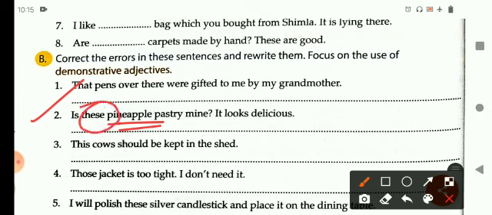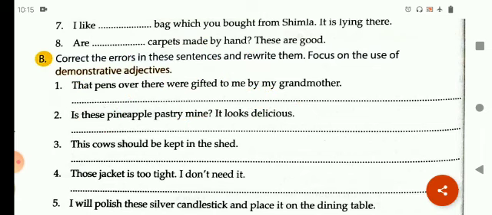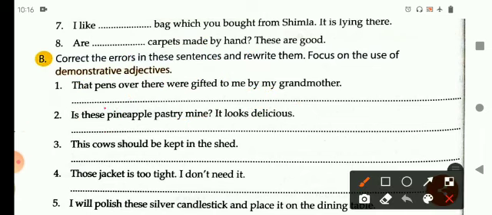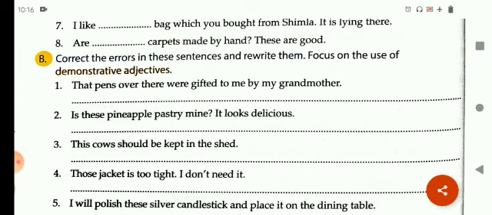So it will have to be replaced with the demonstrative adjective this. Is this pineapple pastry mine? It looks delicious. Then rewrite the sentence. Now in the similar way, children, you will be completing your rest of the sentences.